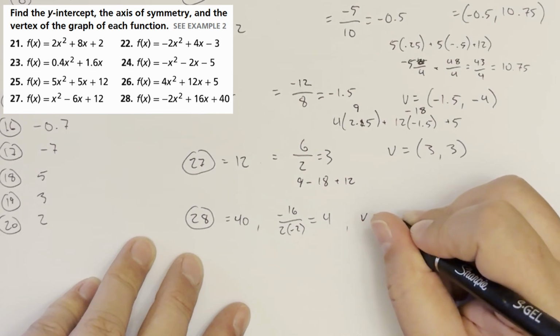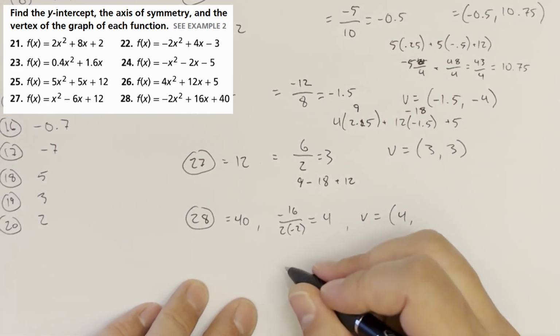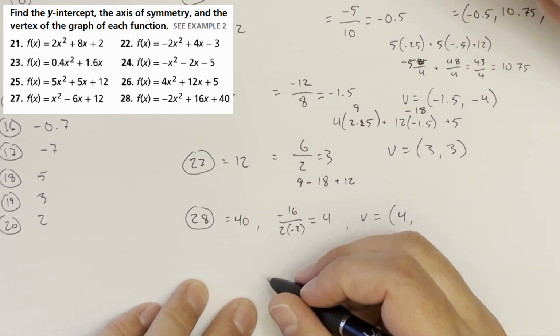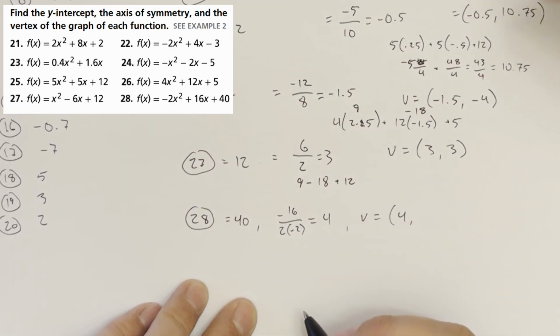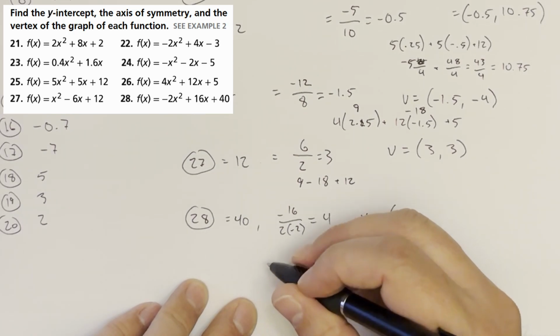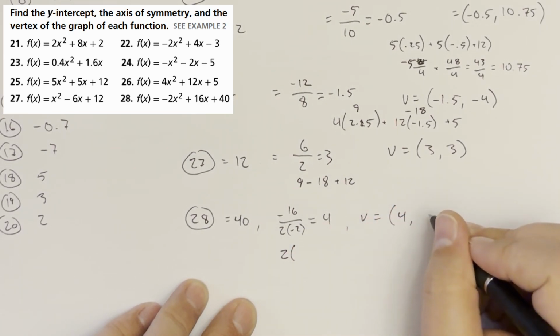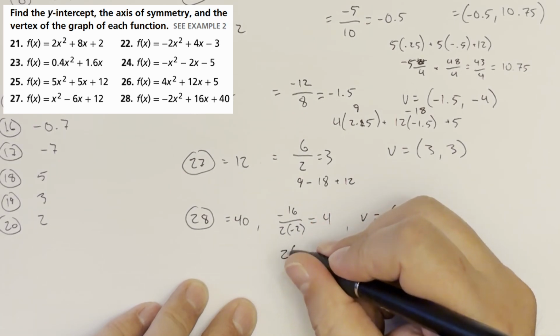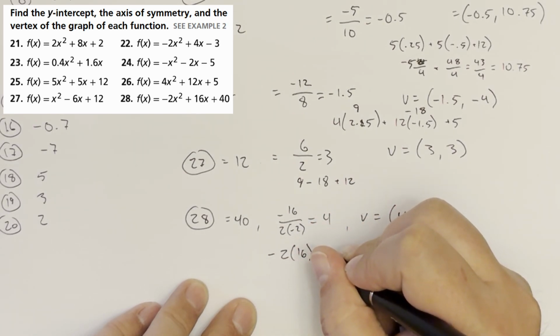Then our vertex will have 4, comma, plug this in. 4 squared is 16 times negative 2 is minus 32. I'll write this out.